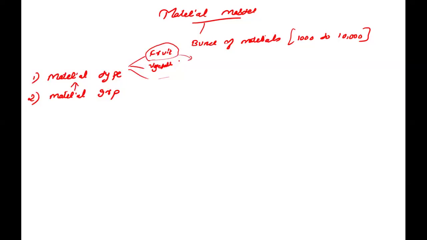So fruits will be your material type, and again dividing the fruits into different categories. For example, you have orange, citrus, you have apples. Those all are going to be your material groups. So first is categorizing the material into material types. And again, subcategorizing your material type into different categories is called material group.